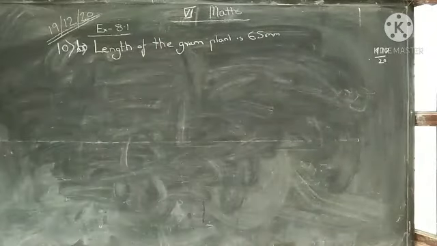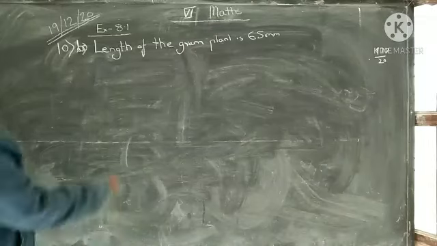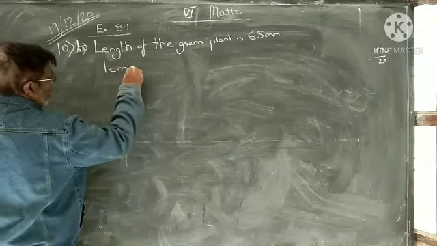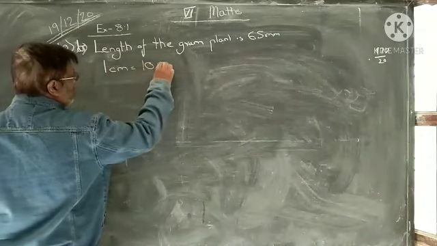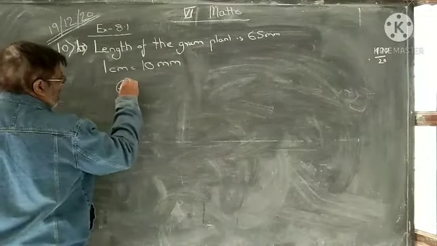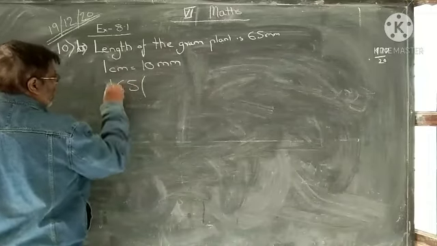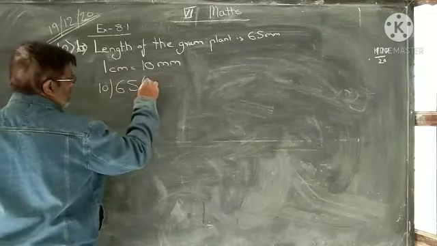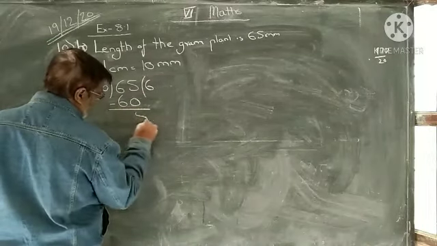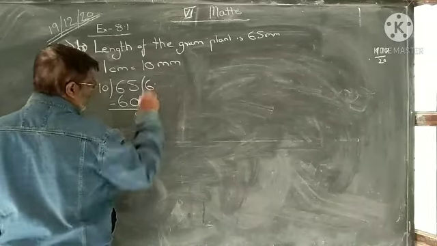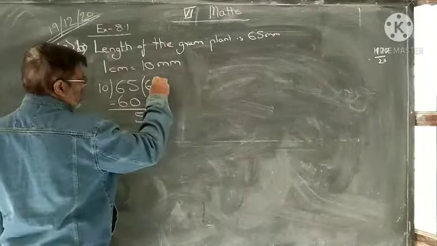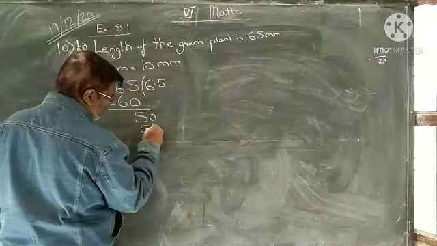Now you need to convert this into centimeter. So again, 1 centimeter equals 10 millimeter. Now divide 65 by 10. 6, put a dot over here, here comes a 0, 5 as 50.